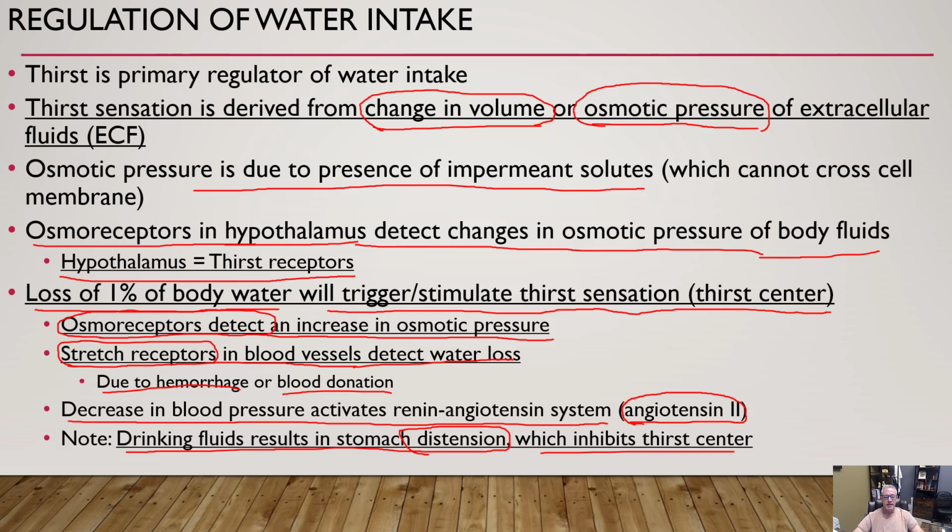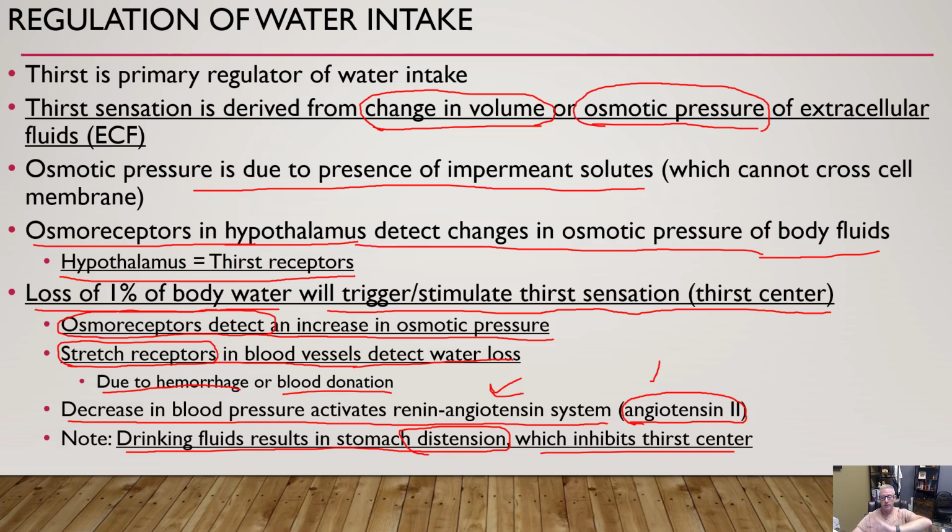So with the angiotensin and that renin-angiotensin system, that's going to stimulate the release of aldosterone and ADH, if you remember from the kidney chapter, or the urinary system. And remember that aldosterone will lead to the retention or the reabsorption or the conservation of sodium.